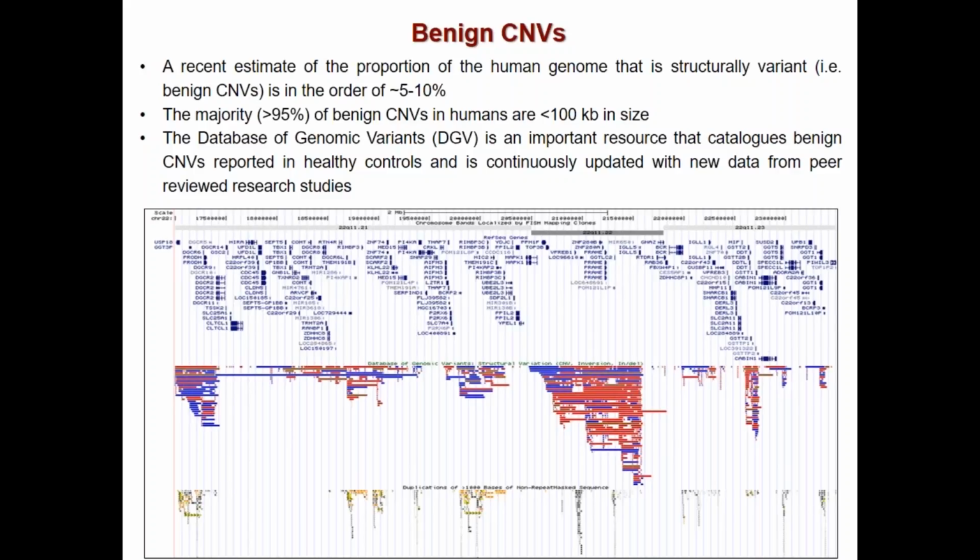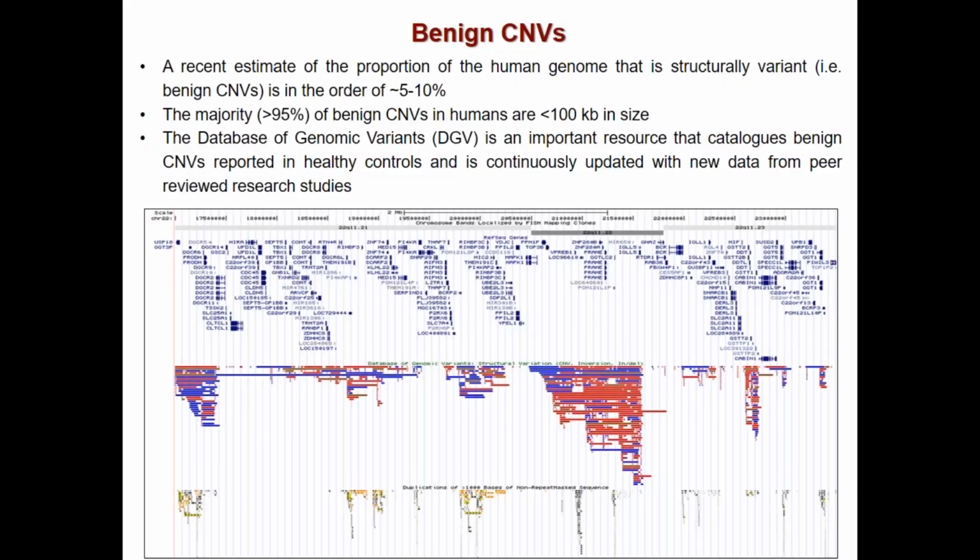The UCSC Genome Browser is a tool that will allow you to zoom into the human genome and look at what's there: genes, regulatory elements, many other things. I'm showing here a few things that are relevant to this talk.